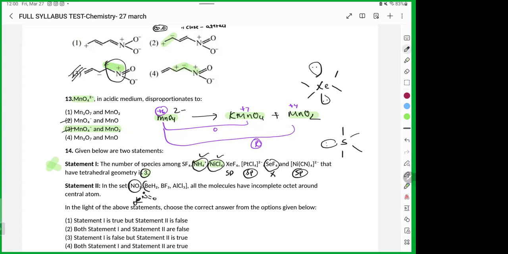This is definitely so because group 2, group 13, all these form electron deficient molecules, Lewis acids. So you will not face an issue in this too.